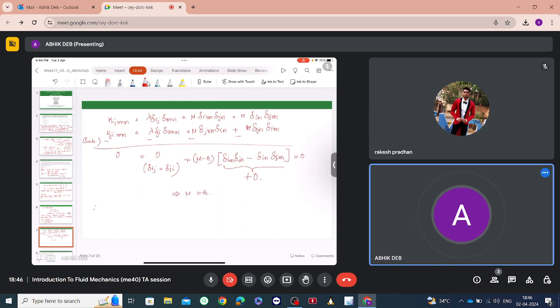Therefore sigma ij is equal to lambda delta ij delta mn plus mu delta im delta jn plus mu delta in delta jm, this is Kijmn, multiplied by emn.